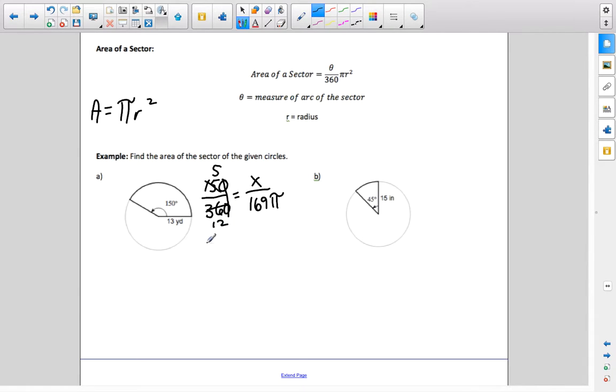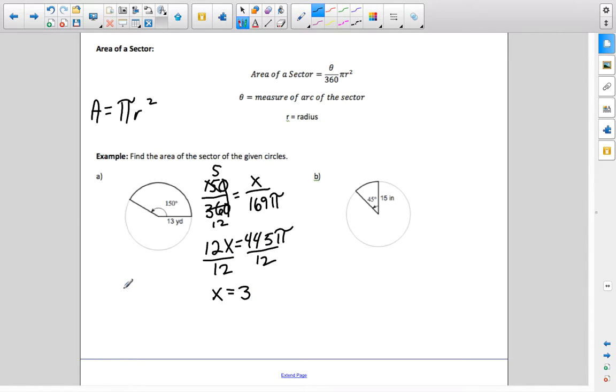So when I cross multiply, I have 12 times x equals 5 times 169, so that's going to be 845 pi. So in order to get x by itself, I will divide both sides by 12, and x, the area of my sector.